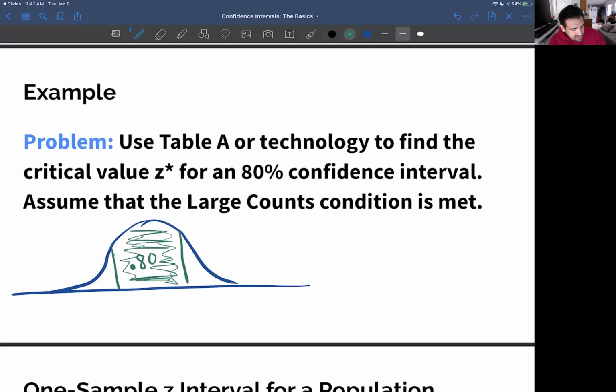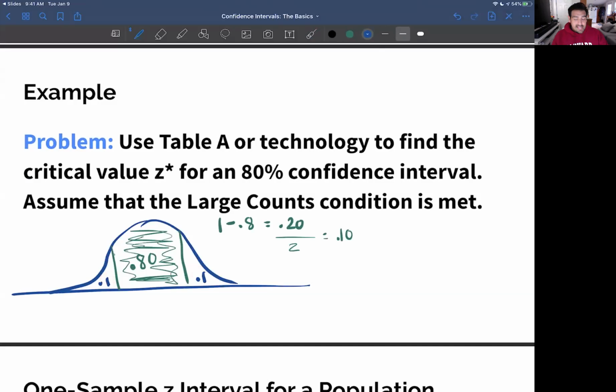Well, think about it. If I have 100% and I'm subtracting 80%, that means I'm left with 20%. That 20% needs to be divided into 2 equal parts because there are 2 equal areas under my curve that will share that 20%. That's telling me that I have 10% on either side of my center 80% in my normal model.